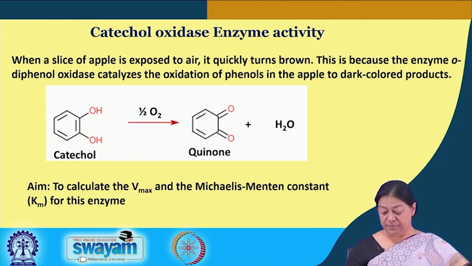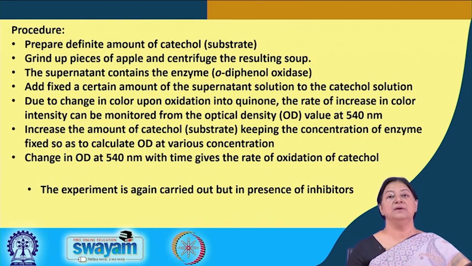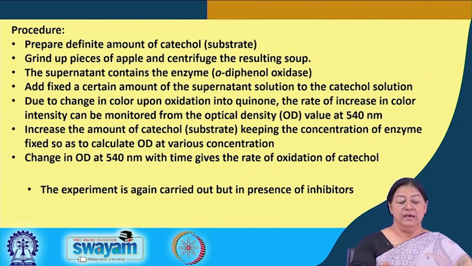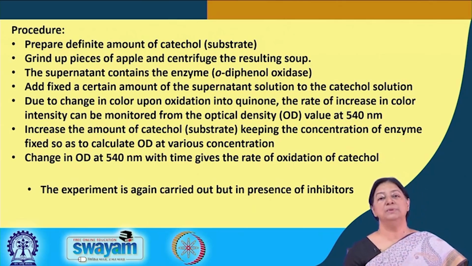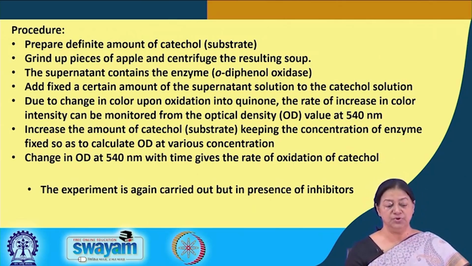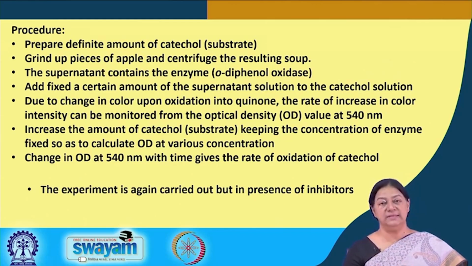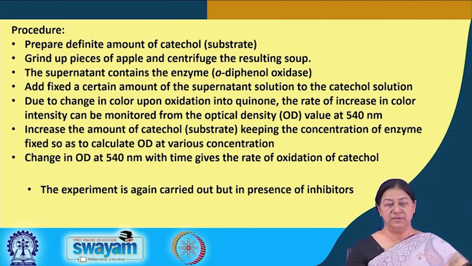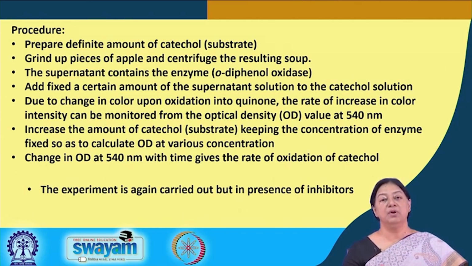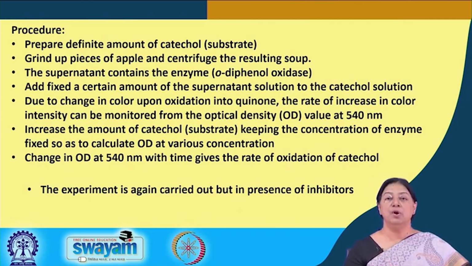The way the experiment is going to be done, we have to prepare a definite concentration of the catechol solution, and grind up pieces of apple; the resulting soup that you get is going to be basically your enzyme solution. Now, the enzyme is called orthodiphenol oxidase. Then we are going to take the enzyme, add the substrate to it, and as the dark colored product is formed, we are going to monitor it.